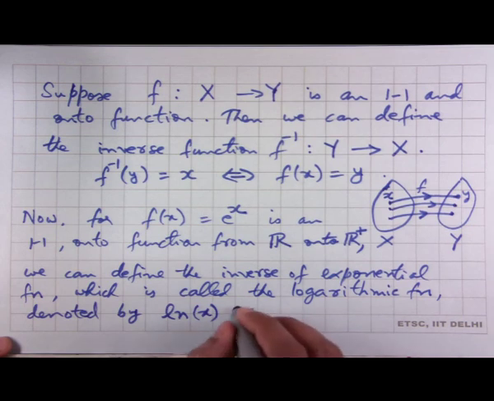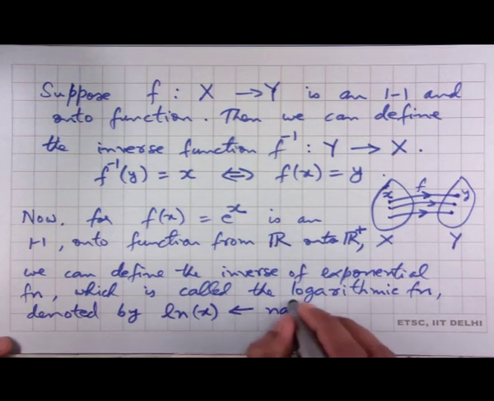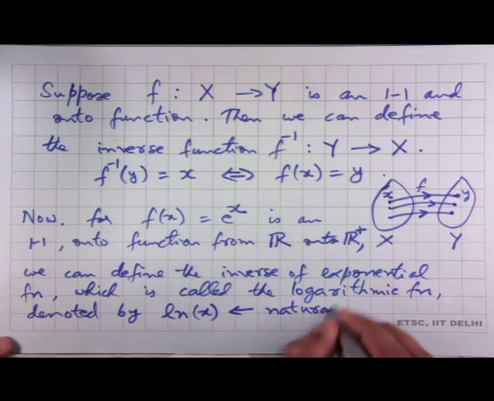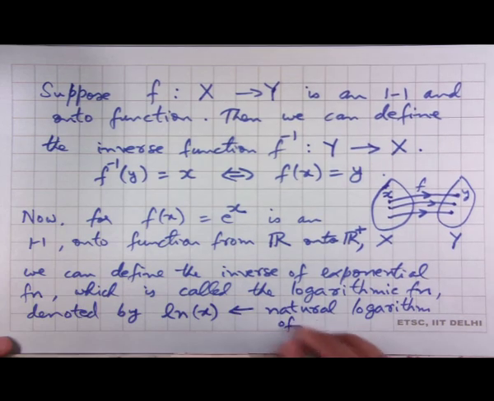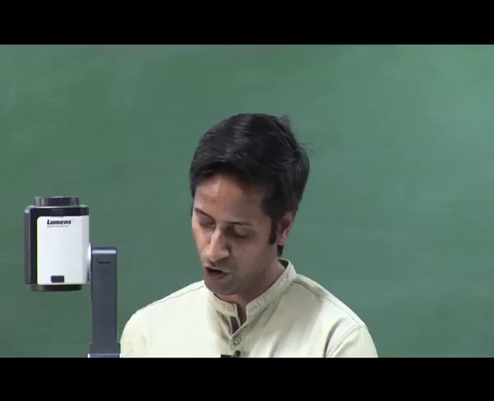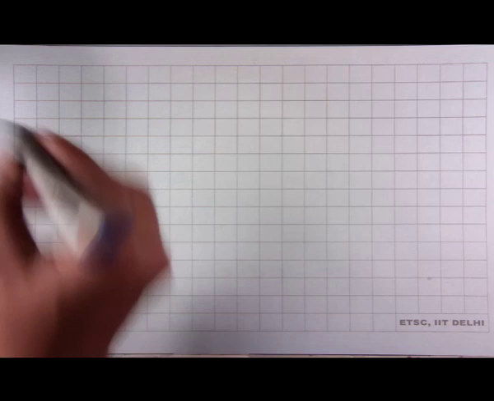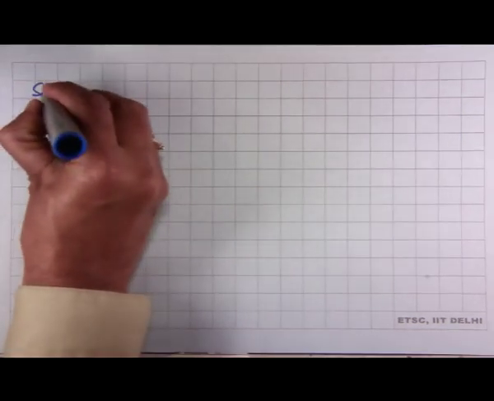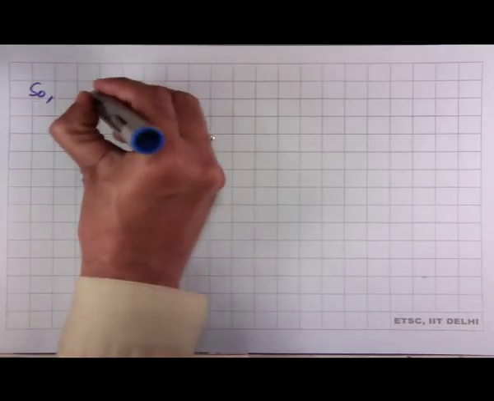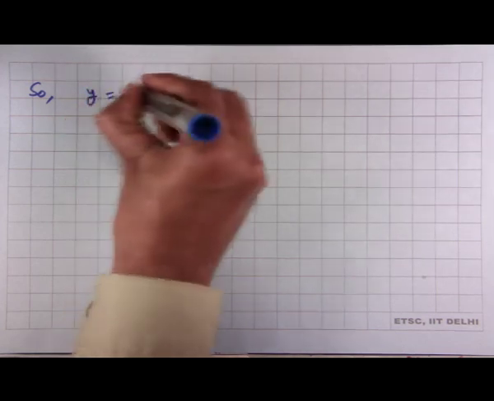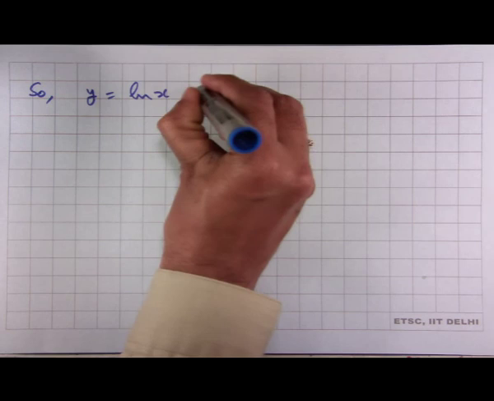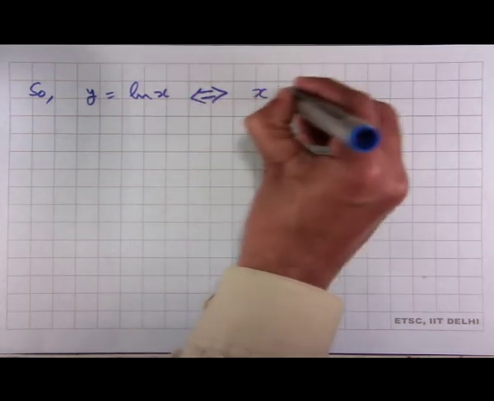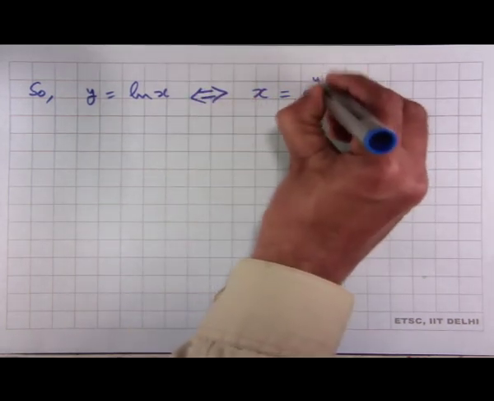This is also called the natural logarithm of x. So, log of x is nothing but the inverse of exponential x. If I write y is equal to ln x, this is equivalent to x is equal to exponential of y.